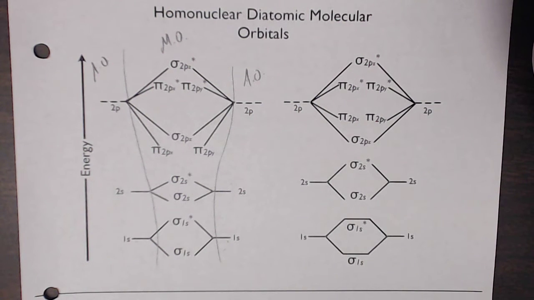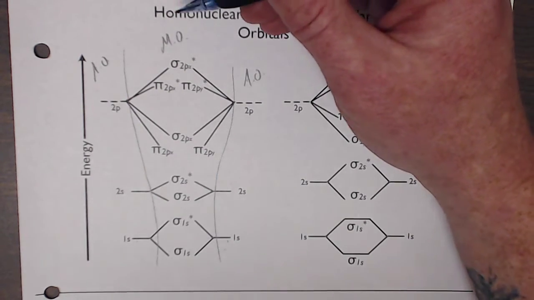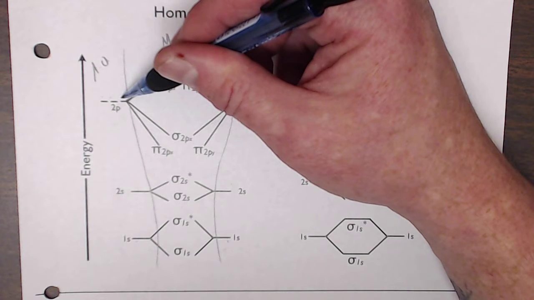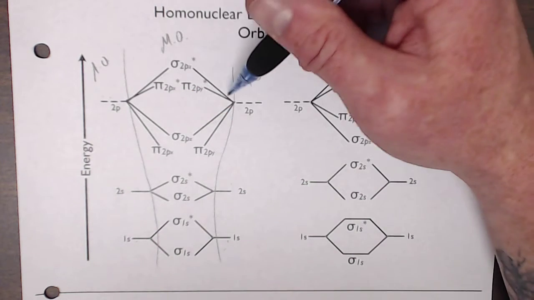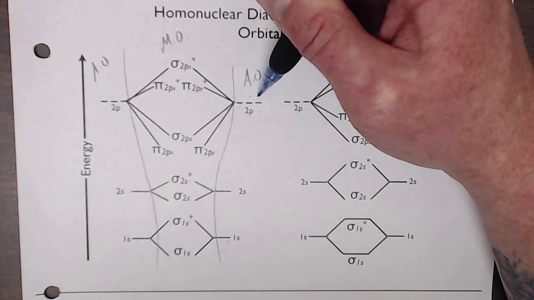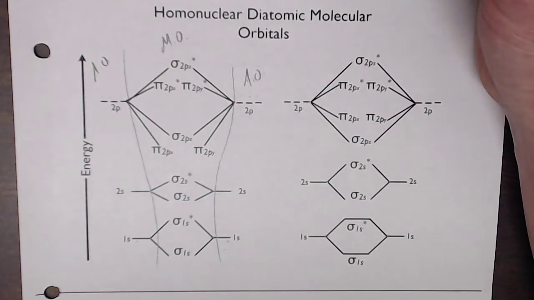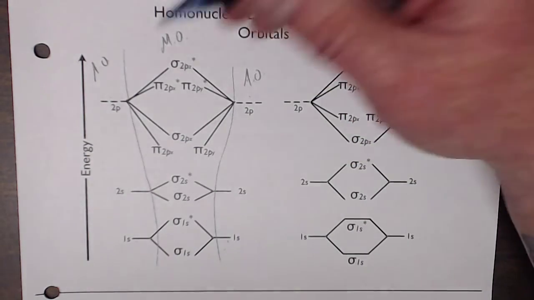And so if we start counting up how many positions that we need, well, if I have 1, 2, 3 positions over here where I can get 6 total electrons, and 1, 2, 3 positions over here where I can get 6 more electrons, I should be able to get 12 electrons in this entire diagram. So let's count that up.